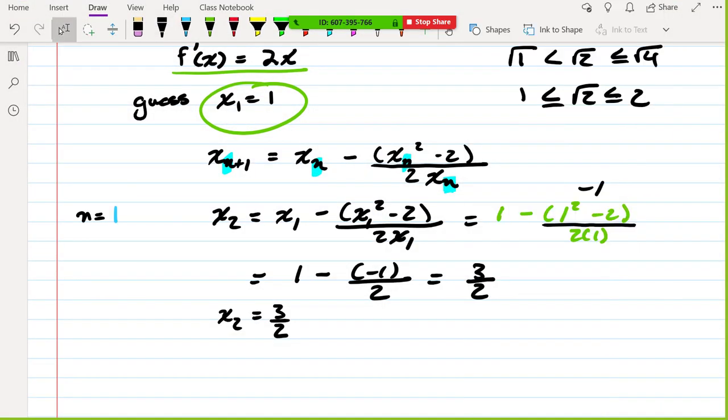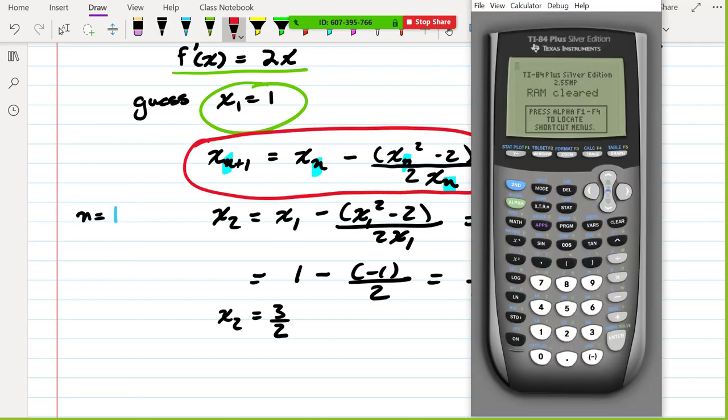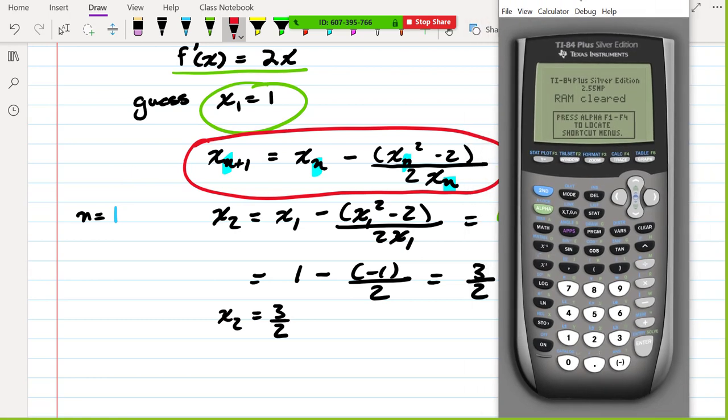So we have this formula that we calculated by plugging in f and f prime. So what we're going to do is put that into our calculator. And before we do that, though, we're going to take our guess. We guessed 1, so we're going to do 1 and just press enter.